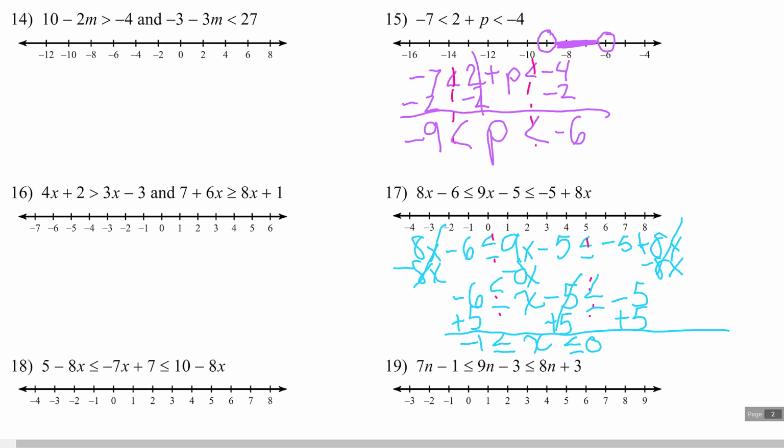So now we have x is greater than or equal to -1 and x is less than or equal to 0. So at -1, we're going to draw that closed circle. Greater than is going to go to the right, and this is less than or equal to 0. So our solution is that right there.